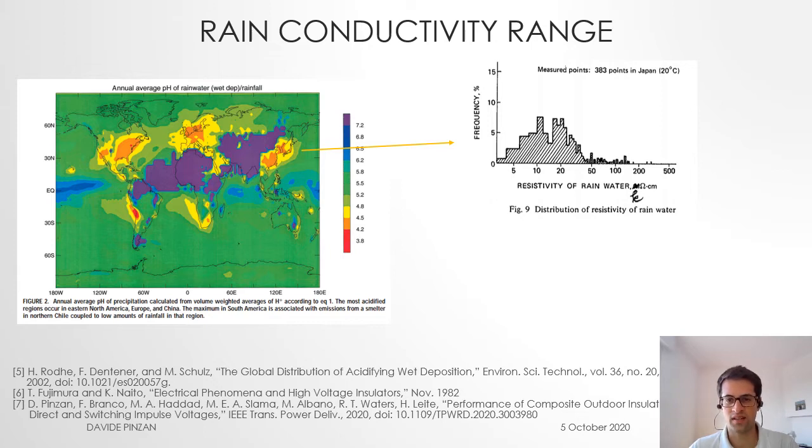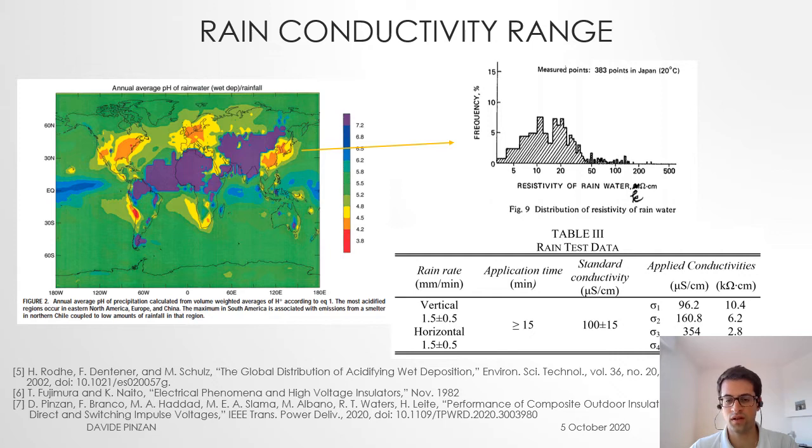The Japanese study has inspired the choice of rain resistivity for our study. Therefore, the lower end of the resistivity has been chosen, starting from a value of 10.4 kiloohm times centimeter and going below that value to study the most critical condition for the insulator.